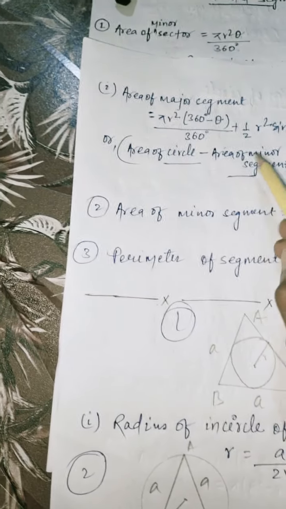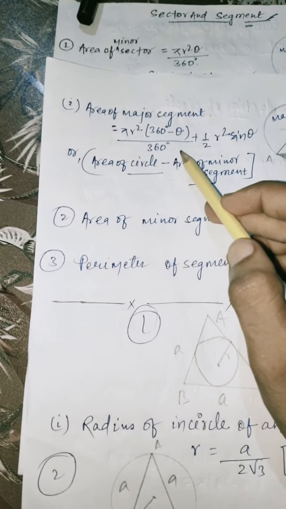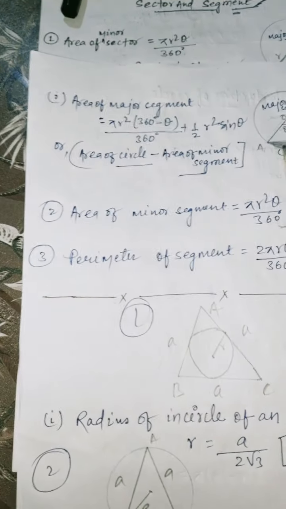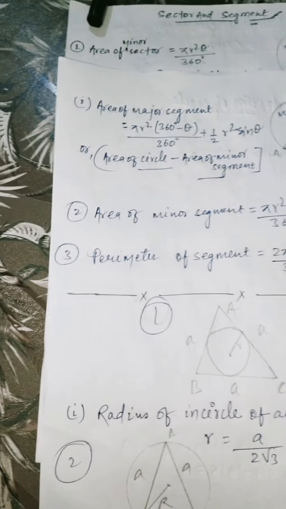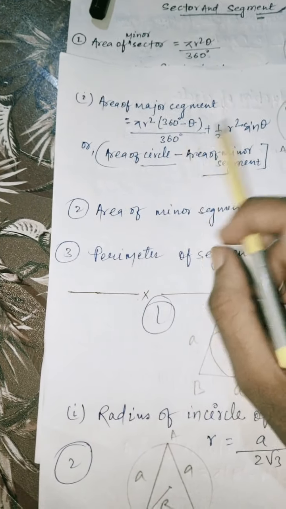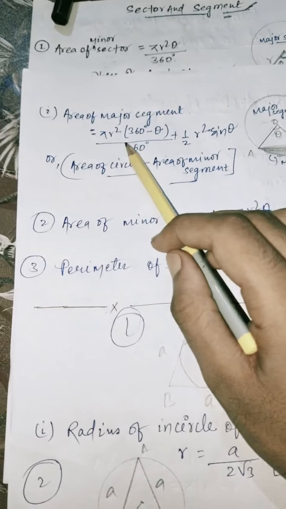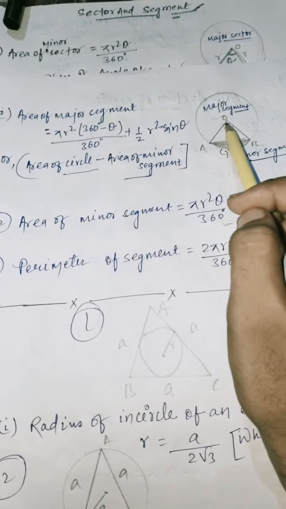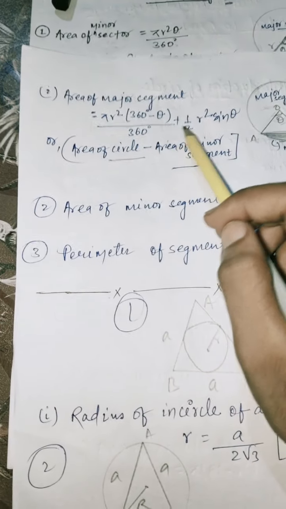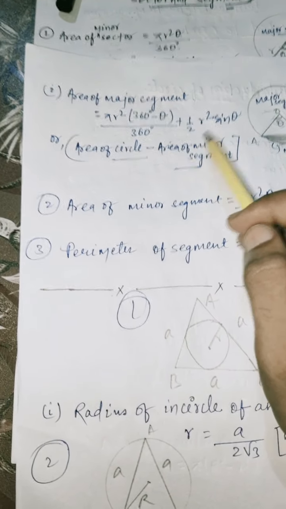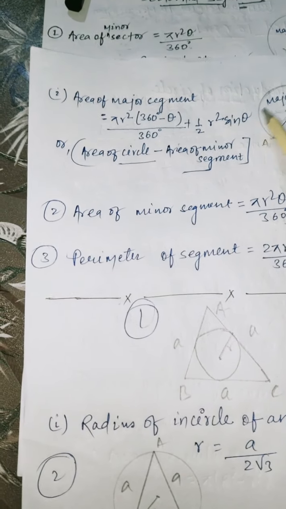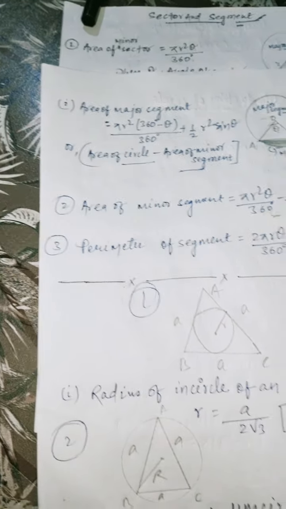If this appears difficult to you, then you can apply a very simple method: first find the area of circle and then subtract the area of minor segment, then you will get the area of major segment. This is because it includes this triangle and also the remaining part of the circle.